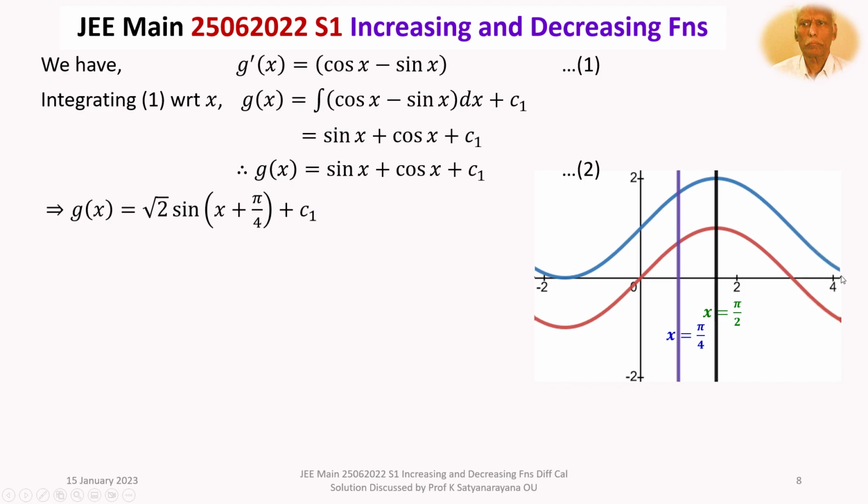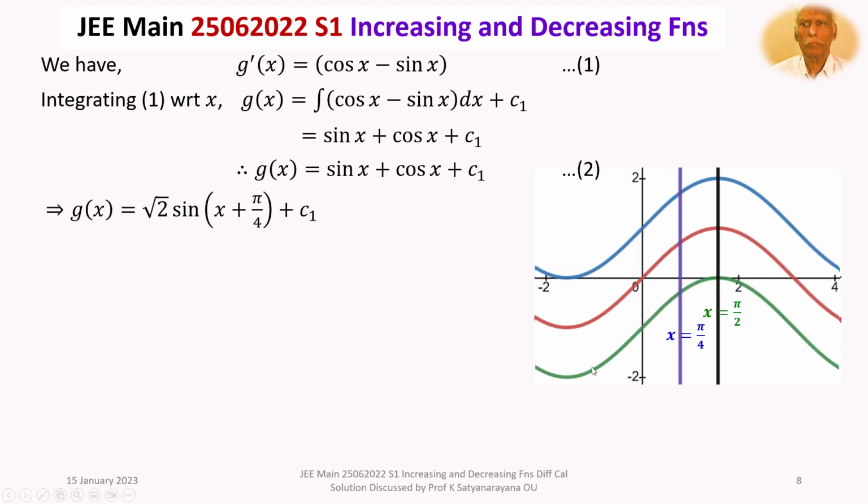And if c1 is negative, it will go down vertically, downwards like this by mod c1 units. But the continuity, differentiability, increasing and decreasing natures and all these things will remain the same under scaling and this translation upwards.